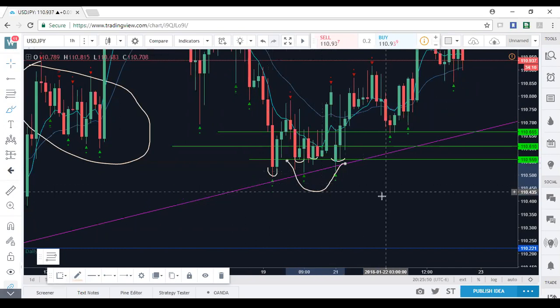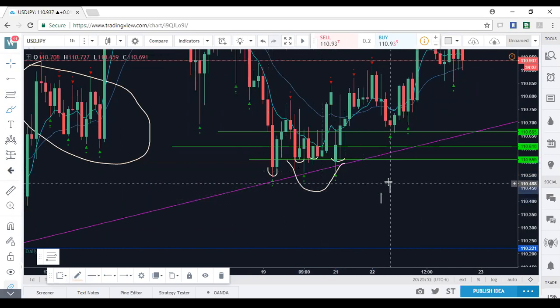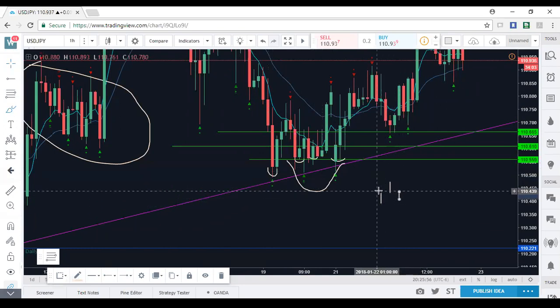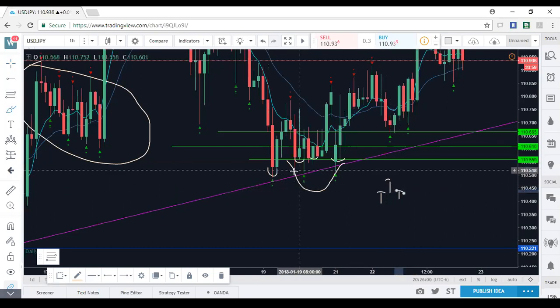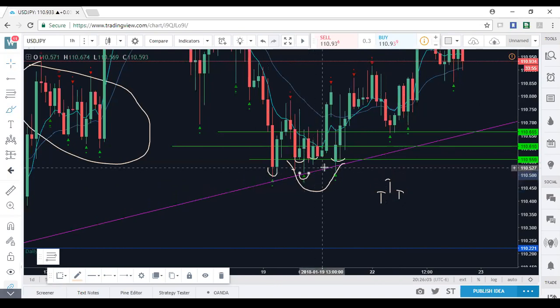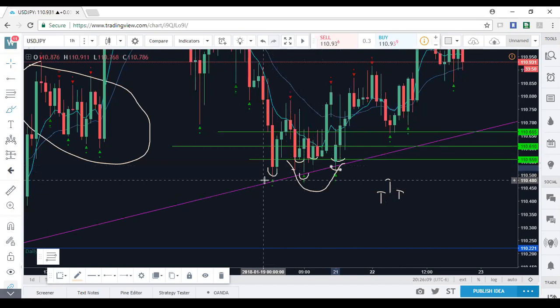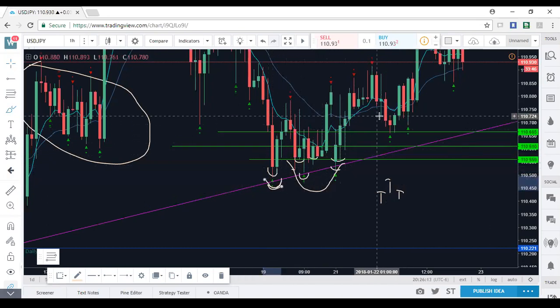Remember I said a swing point usually looks like something like this. It's got at least 3 candles. Here's a high, a higher high, and a lower high. You've got your low, lower low, but a higher low. And each of those lows are still higher than this first initial low. So that's your buy situation.